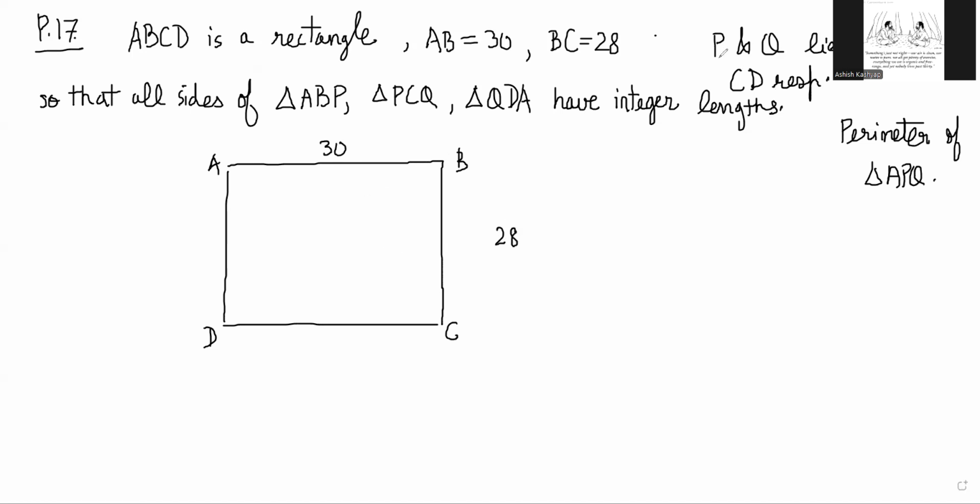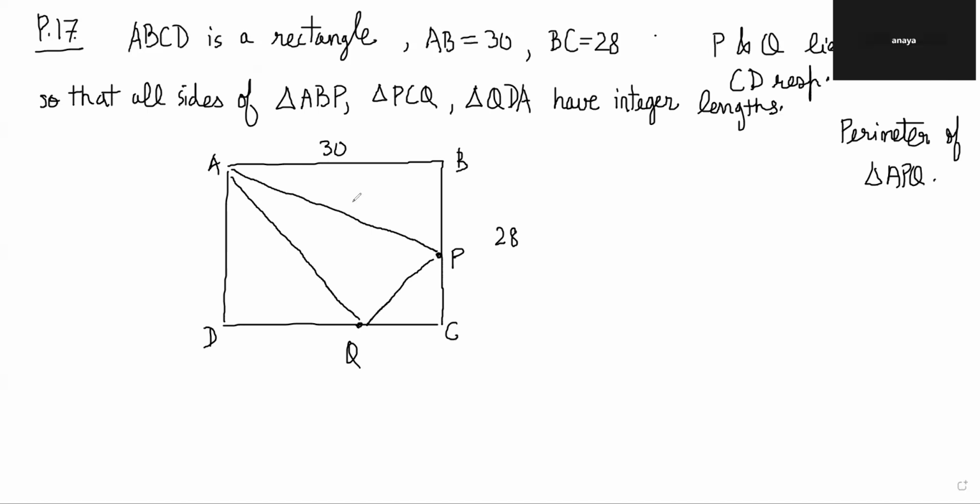And the point P lies on BC and Q lies on CD. Okay, so let's say P is somewhere here, Q is somewhere here, and ABP, PCQ, and QDA. These triangles have all integer lengths, right?